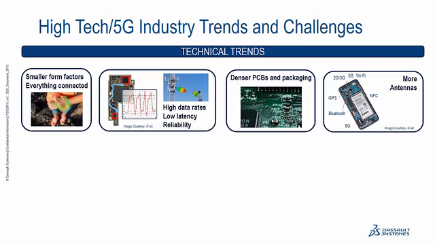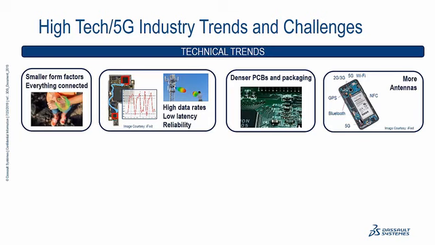Some watches are already connected to LTE, 4G, 5G will come over time. We're also seeing very high data rates. Because of the high bandwidth of 5G, the high data rates within the product itself are also going to be high, which could cause problems, as we'll see. Low latency, of course, as we just mentioned, and reliability are also key trends that 5G is bringing.